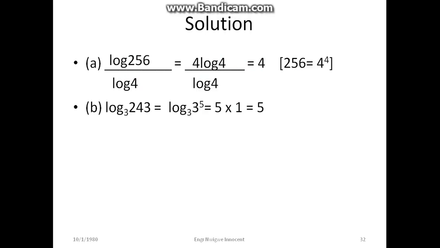Sometimes you need to be very vigilant to use the base of the log to get the root of the given value, so that you can manipulate the logarithm to your convenience, so that it will be cancelled out to give you an ordinary number.